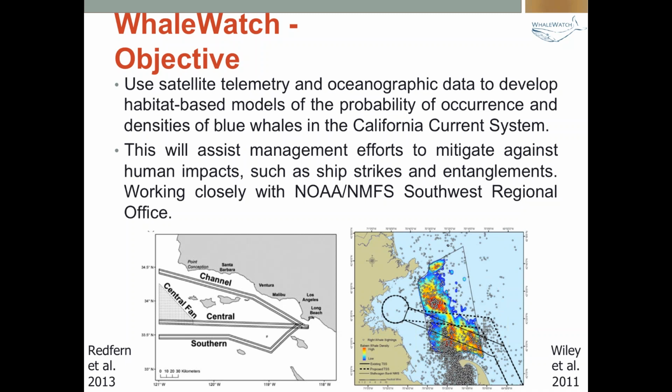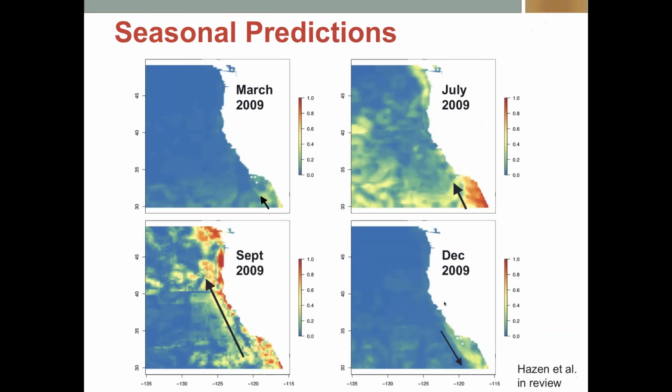So you can go ahead and click through, Jameal. And jumping over, essentially skipping a lot of the methods just because of the time, but I'm happy to talk more about them. The seasonal predictions we came up with show this essentially influx of blue whales into the California Current in early summer and then leaving in late fall, which matches pretty much exactly with their normal migration into the California Current.